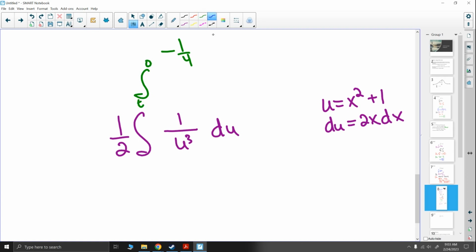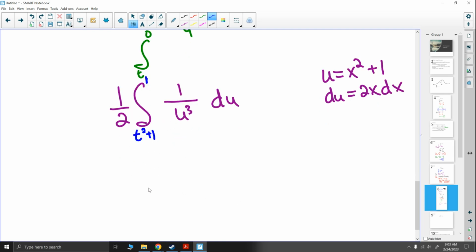So essentially we're going to use this conversion of x's into u's to get the new boundary. With t, it's t squared plus 1. With 0, it's 0 squared plus 1, or 1. So if we want to leave it in terms of u, we would integrate from t squared plus 1 to 1 and take the limit as t approaches infinity.